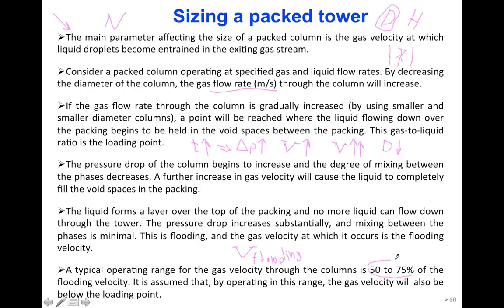We always operate, let's say, at 50 to 75% of this flooding velocity. Okay, so this is our kind of design criteria to find the flooding velocity, and after the flooding velocity we can find the diameter of the column. So that's kind of an introduction and how we do the calculation.